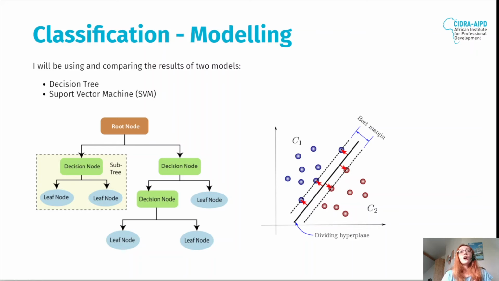And they are what we call a weak learner. So a single decision tree doesn't make great predictions. Ideally, we could have multiple trees combined and they make forests.